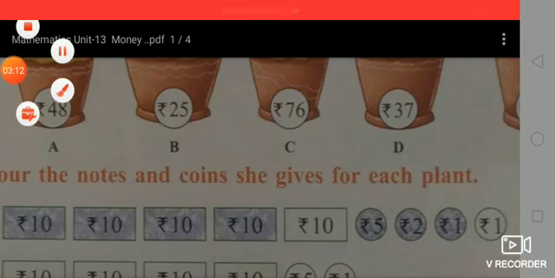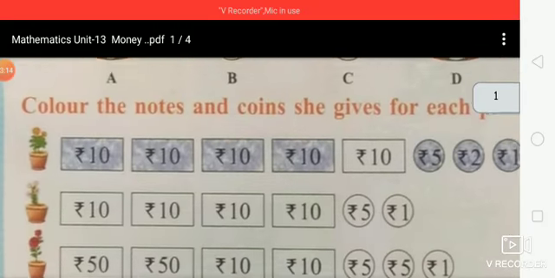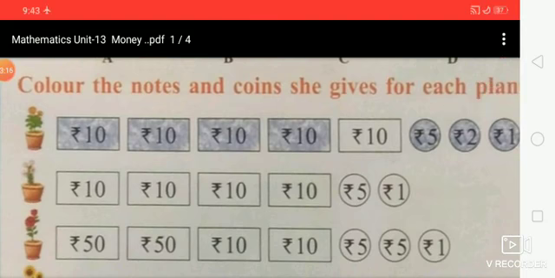Is that clear? First look at the notes. Paper notes are made of paper. Coins are made of metal.